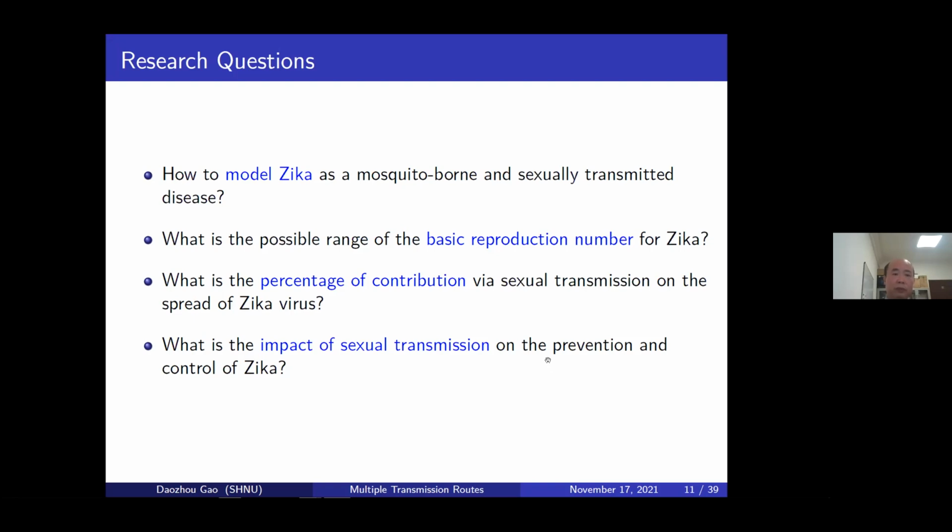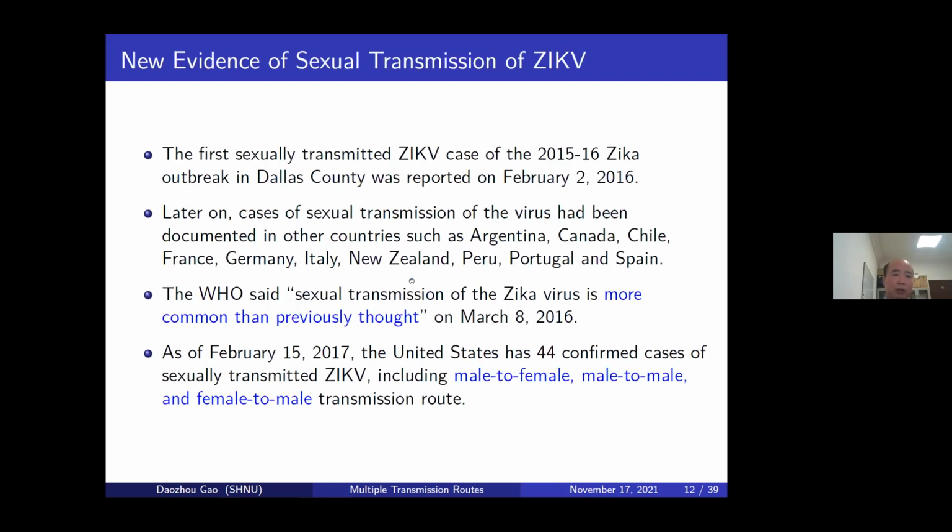During my study, new evidence of sexual transmission of Zika virus appeared. On February 2nd, the first sexually transmitted Zika virus case of the 2015 to 16 Zika outbreak was reported in Dallas County. Later on, more sexually transmitted cases of Zika virus were reported in more countries.